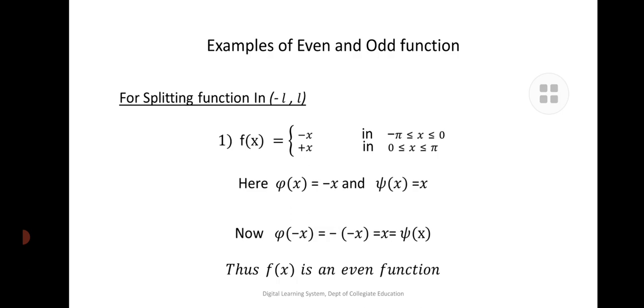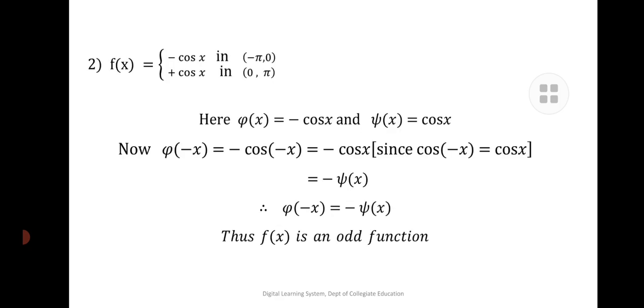So psi of x is equal to x, and phi of x is equal to minus 6. Now phi of minus x is equal to minus of minus x, that is equal to x, and we know that it is equal to psi of x. So that means f of x is an even function.